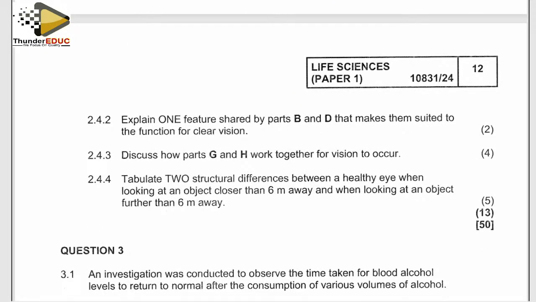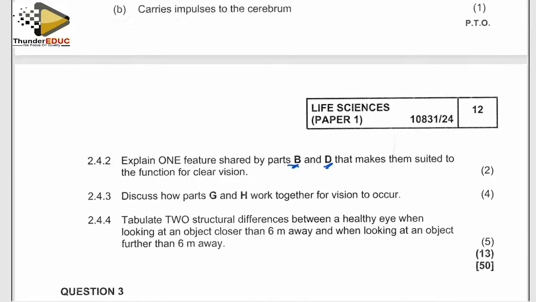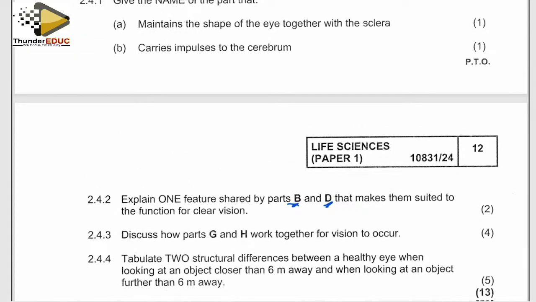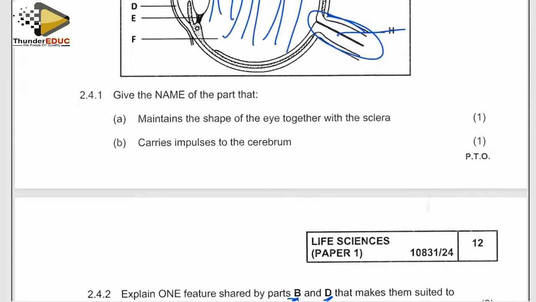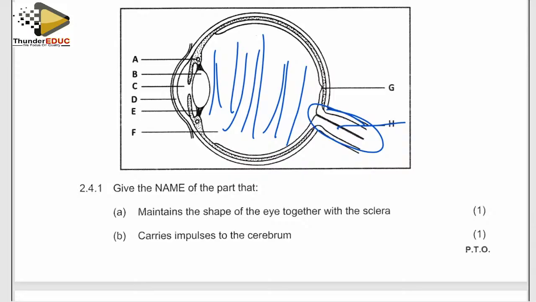Then they are saying, name one feature shared by B and D. Where is B? B is the lens, and D is the cornea. Basically both of them are involved in refracting light, but they're asking for one feature.